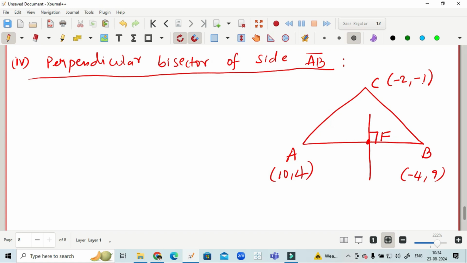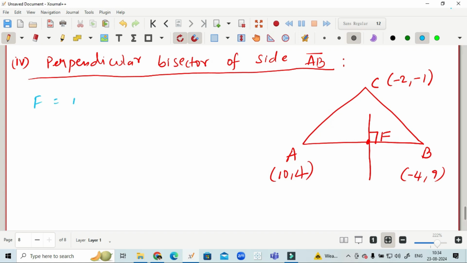Perpendicular bisector should pass through the midpoint of those 2 points and it should be perpendicular to the line AB. So that is the perpendicular bisector concept. Now we will be finding out the F.